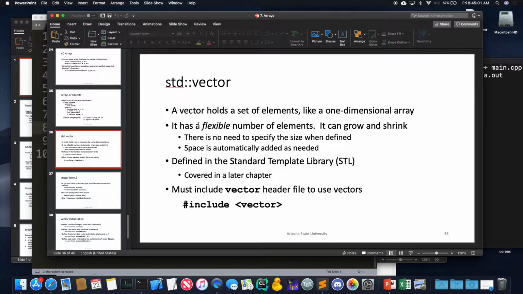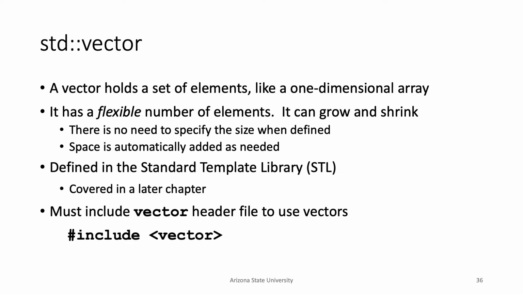So just be careful when you see claims like this where it says it has a flexible number of elements, where, as you know, it has an array on the back end, and you know those don't grow and shrink. So that seems to be a little bit confusing. Just be a little careful when you see claims like this. Yeah, you don't have to specify the size when you define it, but it's a good idea to do so.